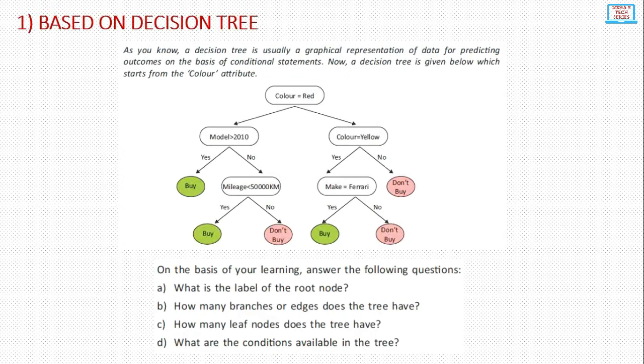Then another condition is color is equal to red. Another condition is mileage is less than 50,000 km. And another condition is make is equal to Ferrari. And the first and foremost condition is color is equal to red. So whatever is given in gray, that is the condition.